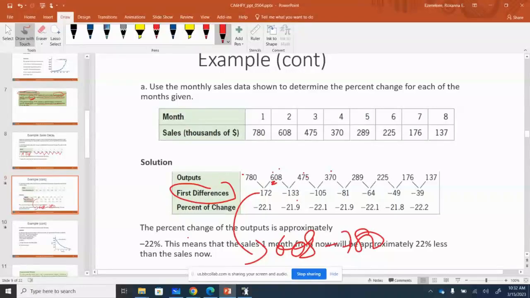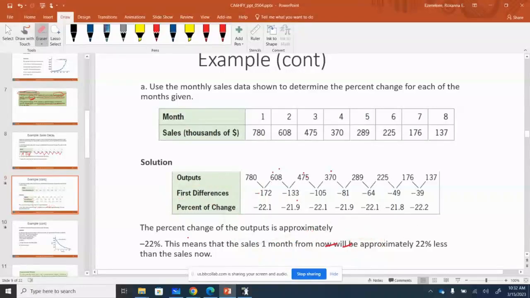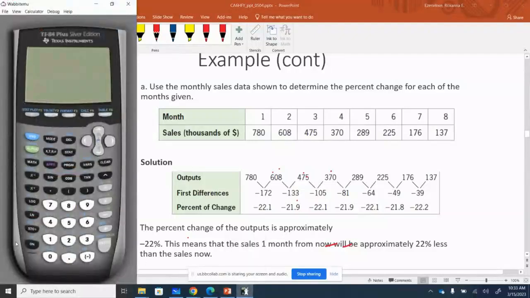We're looking for percent change. So the first thing I want you to do if you're looking for percent change is to find the first difference. After finding the first difference, then you find percent change. How do I find percent change? Now look, let me get at my calculator. If you pay attention, you will not struggle with it anymore.